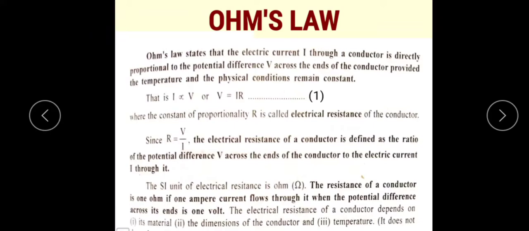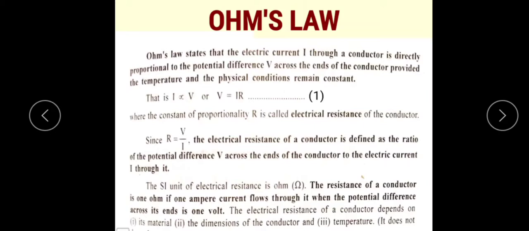The electric resistance is also defined as the opposition offered by the conductor or a material to the flow of current. That is one more definition of electric resistance.